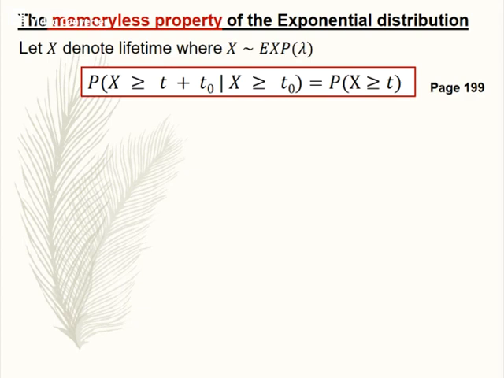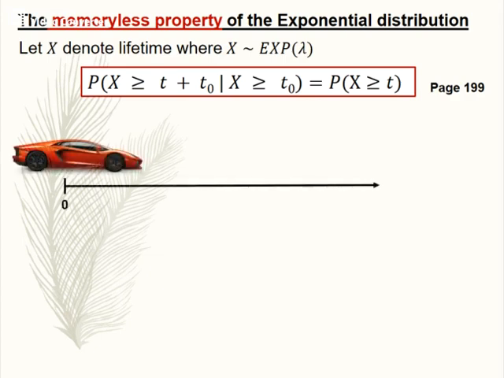So let's consider this hypothetical situation. Suppose at some point in time I bought a car. Let's say I bought a Lambo. It's a red Lambo because I like red cars. And let's say for the purposes of this example that the probability of x greater than or equal to 10 is equal to 0.9. So let's work with years.